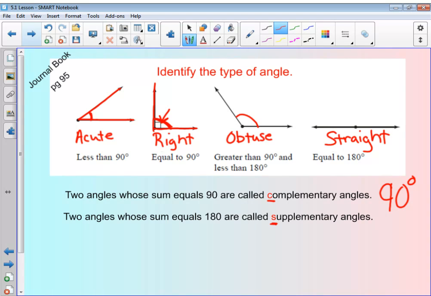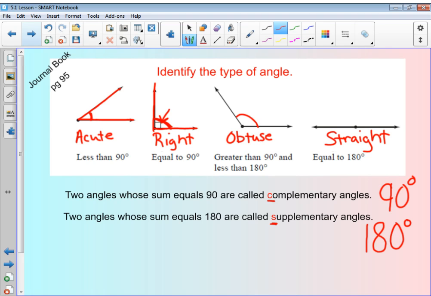Supplementary starts with the letter S, and if I think of making a letter S, I can also make that into an 8. So those are the angles that when added together equal 180 degrees. It's just a little trick to help you remember the difference between those two, because I know kids get comfortable with solving using these two angle measures, but then they forget the names of the angles.